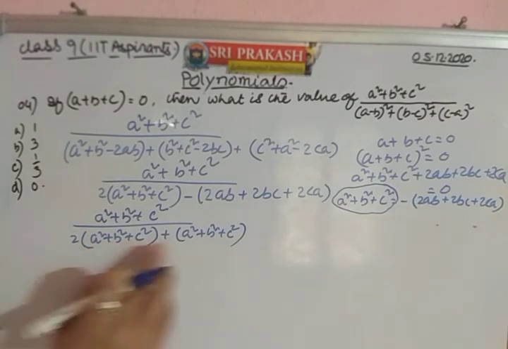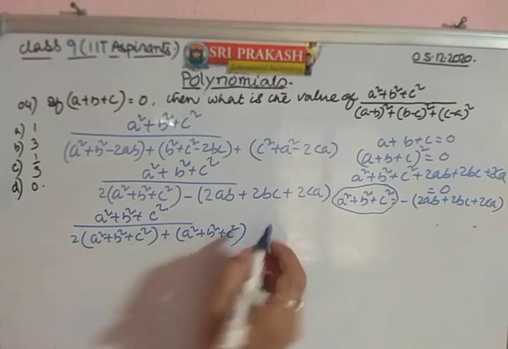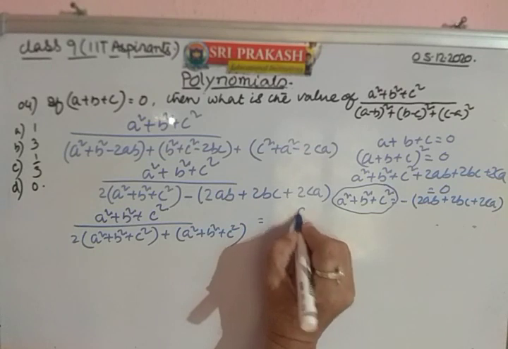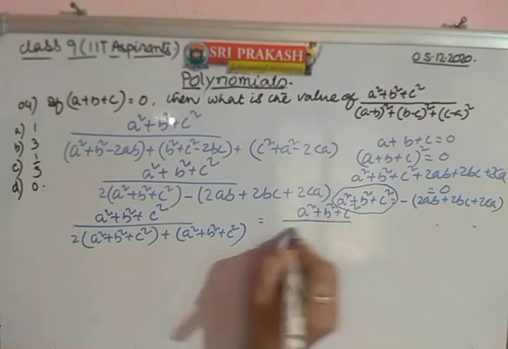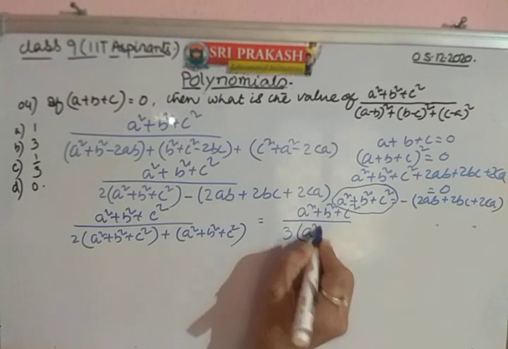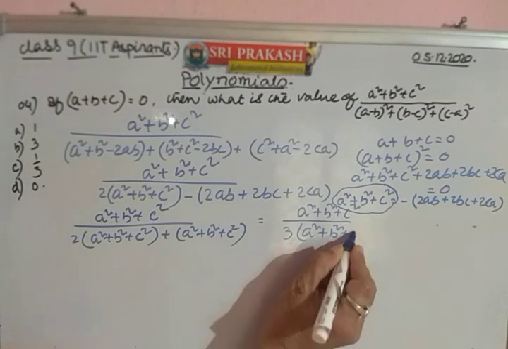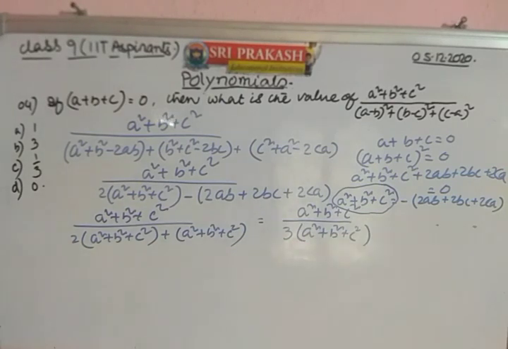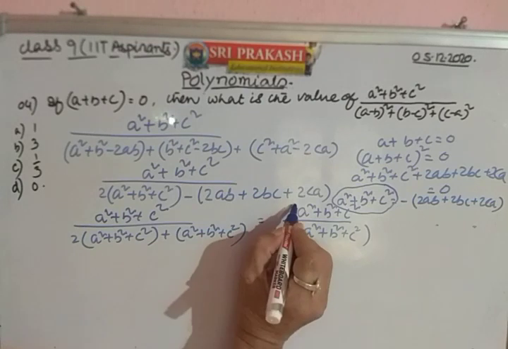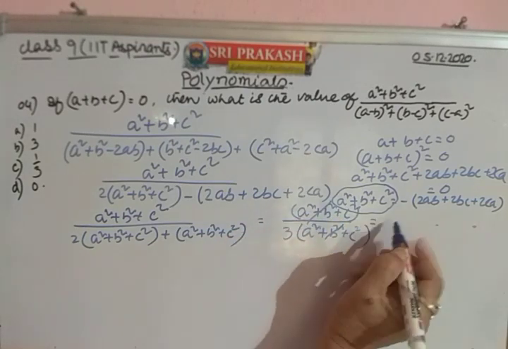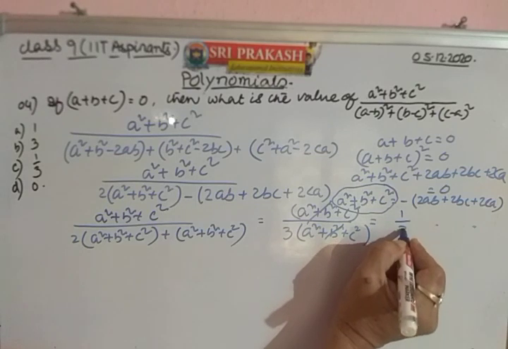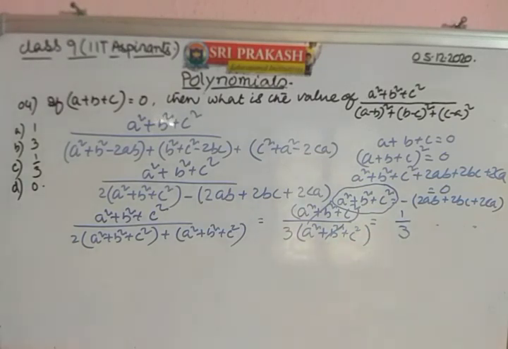So 2 plus 1 is 3: a square plus b square plus c square by 3 (a square plus b square plus c square). Clear? So these two cancel. So what would be the value of this? 1 by 3.